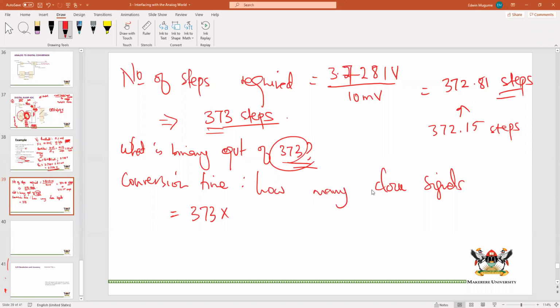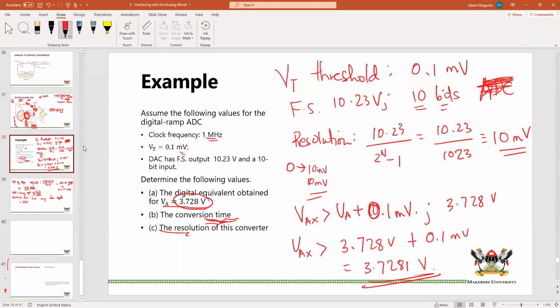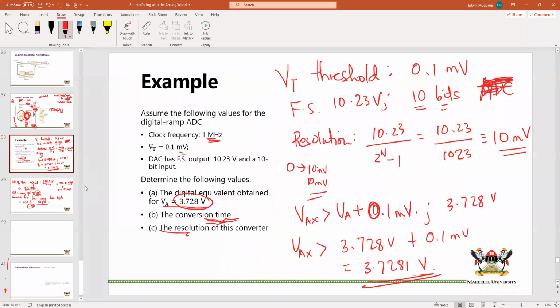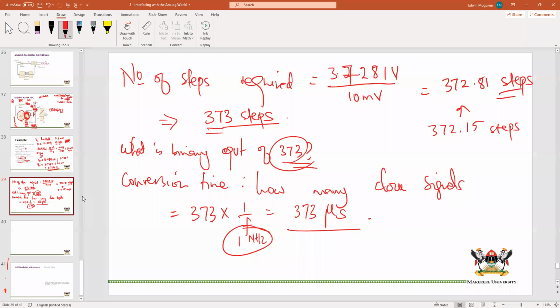These are the steps, because each step is equivalent to a clock signal, times, remember we said that our clock is 1 megahertz. So to get the time, we have 1 over frequency, which is 373 over 1 megahertz, giving 373 microseconds. And then finally, the resolution, we have found the resolution to be 10 millivolts.